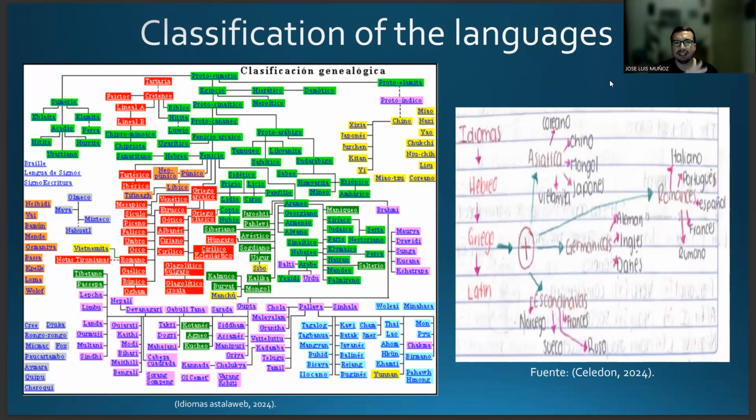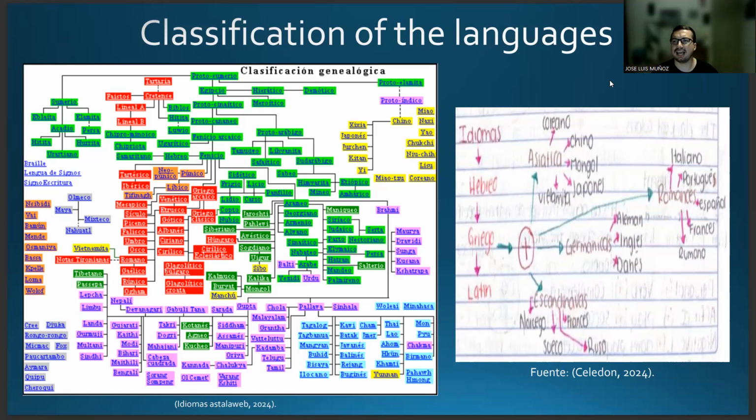But on the right side, we did, in my classes as Professor Jose Luis Munoz, the most useful languages in the world.